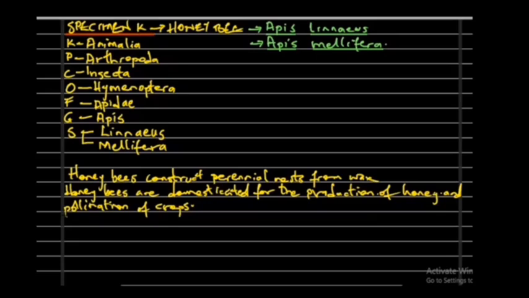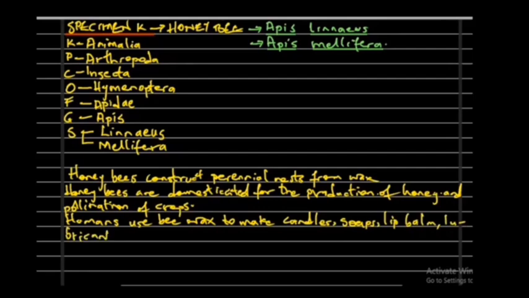They use it to make candles, soaps, lip balm, cosmetics, lubricants, and also for mold making. All of these are some of the uses of the bee.